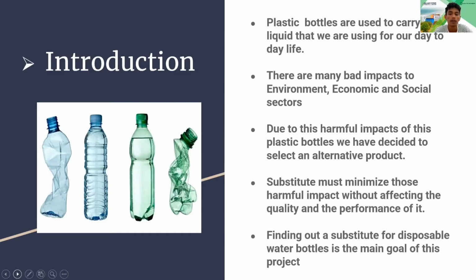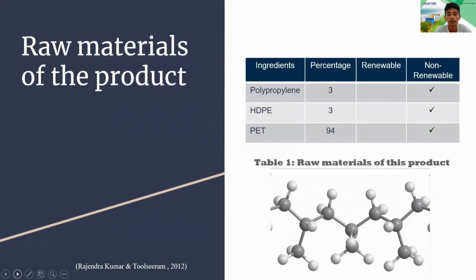Substitute must minimize those harmful impacts without affecting the quality and the properties of the product. In this project, finding out a substitute for disposal water bottle is the main goal of this project. Then I move to the next slide.